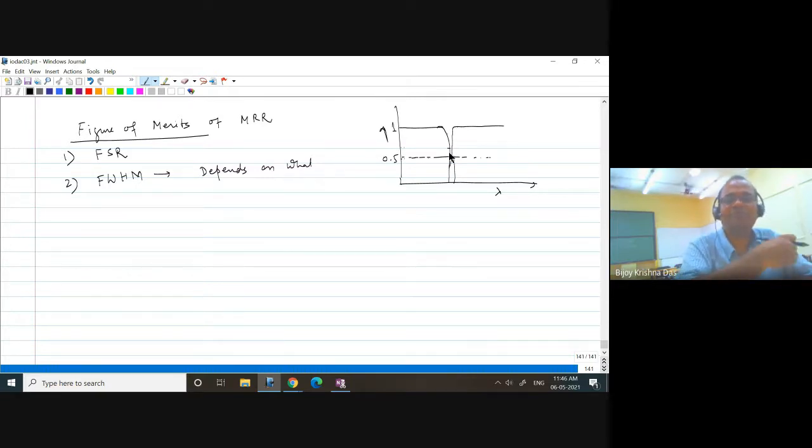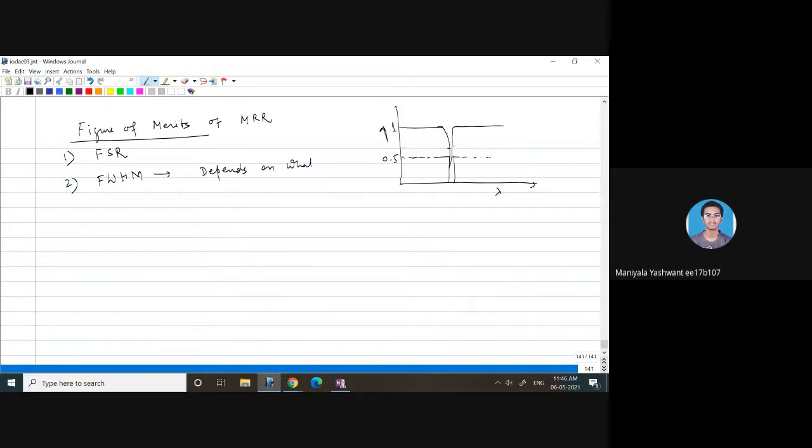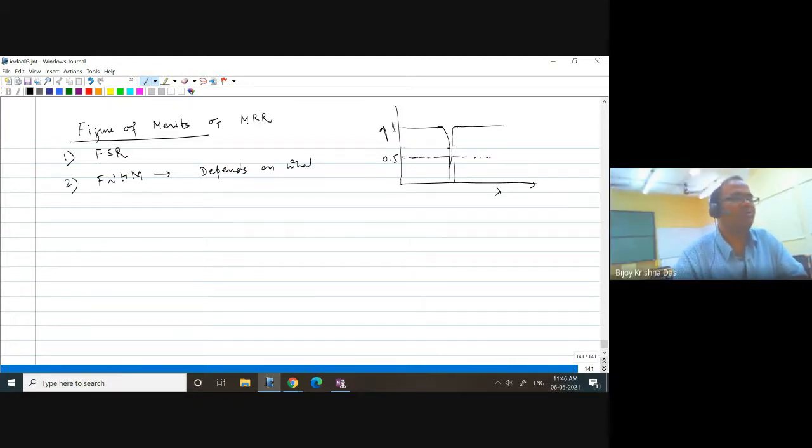In principle, it will not be stored at all. It will come back. But we see that some bandwidth will be there. So what does that bandwidth depend on? Any resonator depends on the wavelength. That's true.